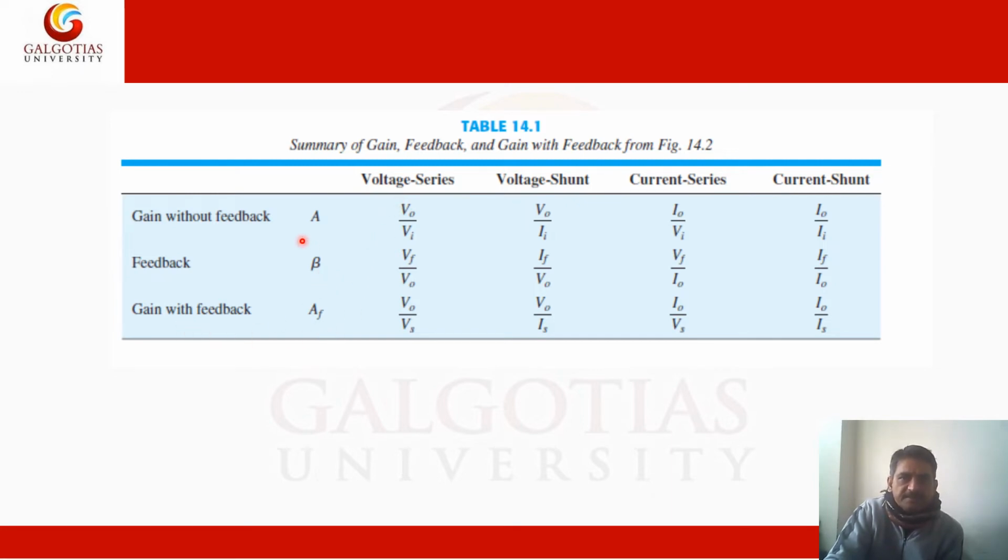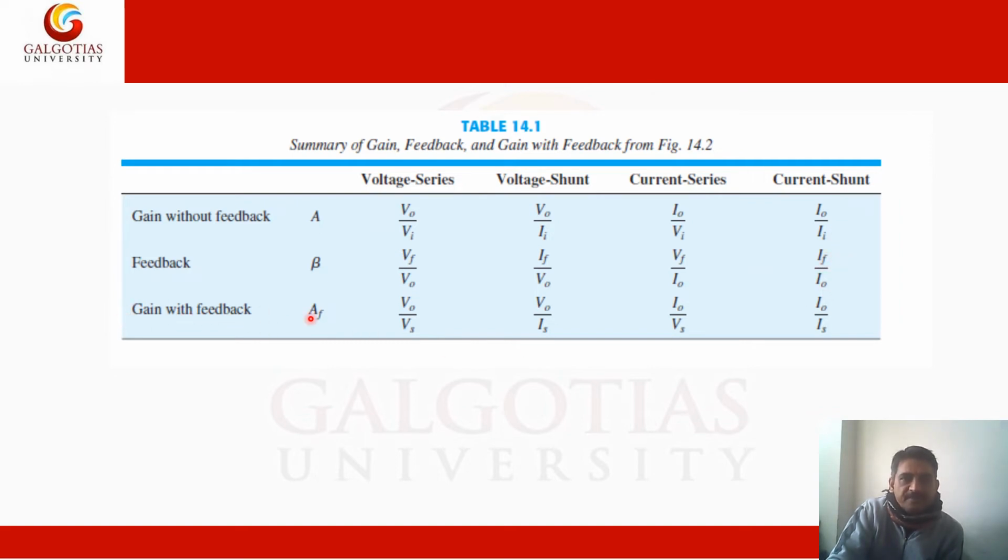For voltage series, the gain without feedback is V0 upon Vi. For voltage shunt, V0 upon Ii; current series, I0 upon Vi; and current shunt, I0 upon Ii, where I0 is the output current and Ii is the input current. For feedback, voltage series is Vf upon V0, voltage shunt is If upon V0, current series is Vf upon I0, and current shunt is If upon I0.